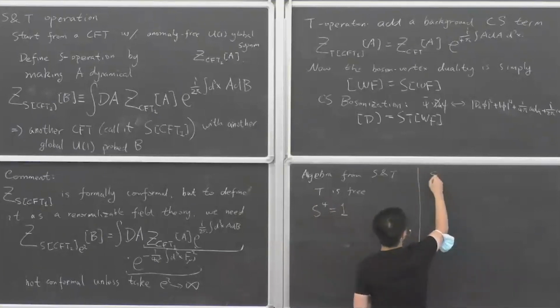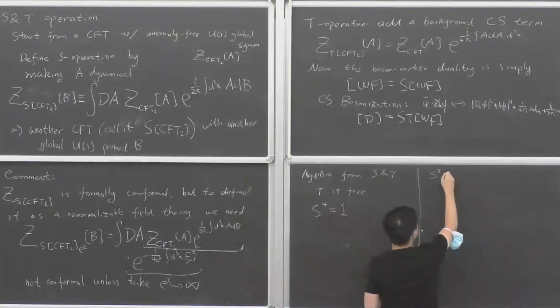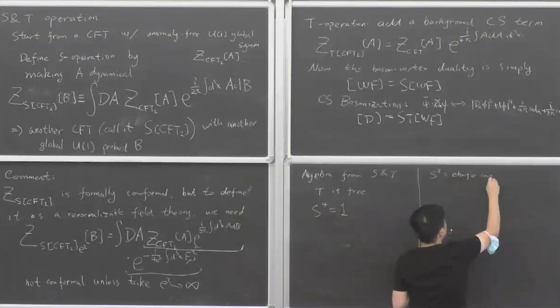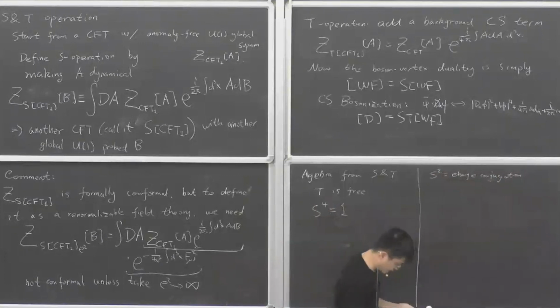So if I square, the claim is that S squared is charge conjugation. This I can show for you in real time.